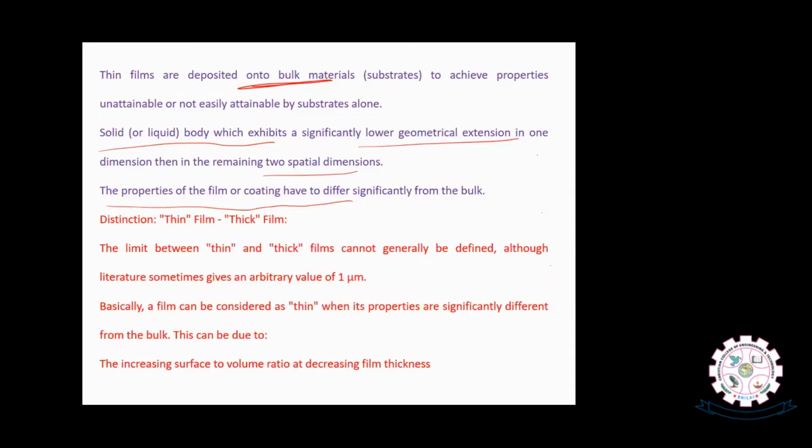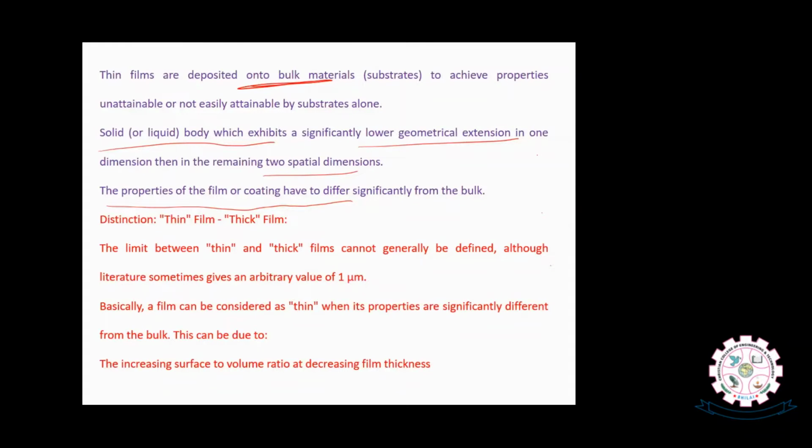As I was telling you, how do I distinguish between a thin film and a thick film? As I told you already, if I talk to a mechanical engineer, for him 100 nanometers is not a film coating at all. But if I talk to an electronics engineer, for him 100 nanometers is too much. We work with both mechanical people and electronics engineers.